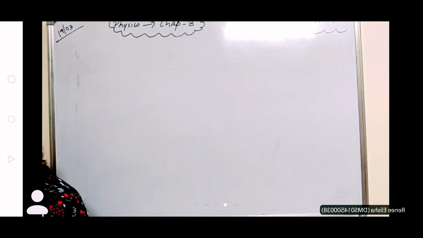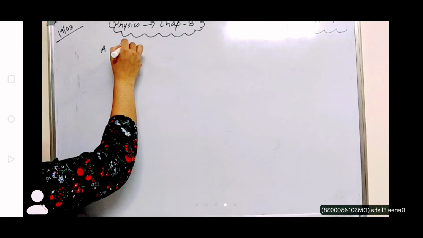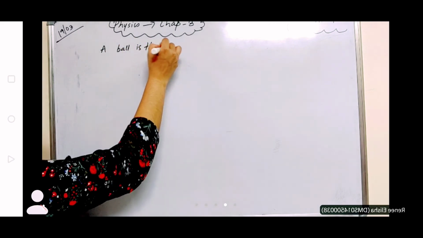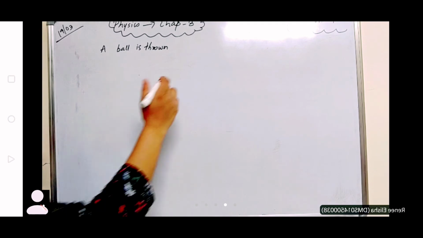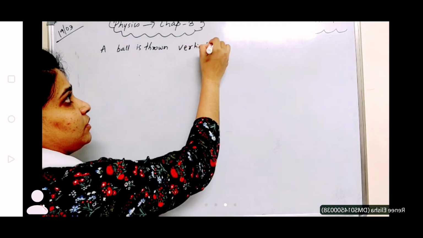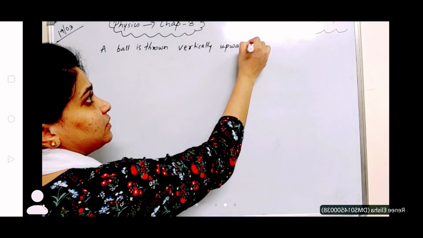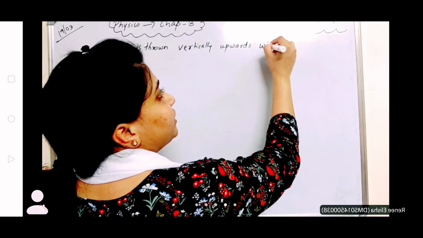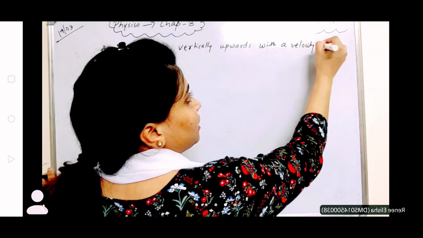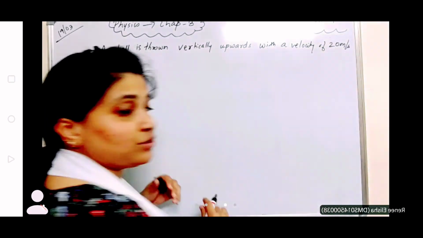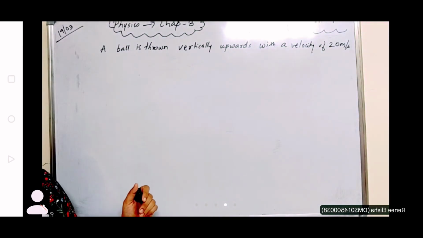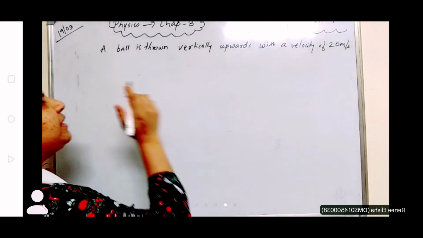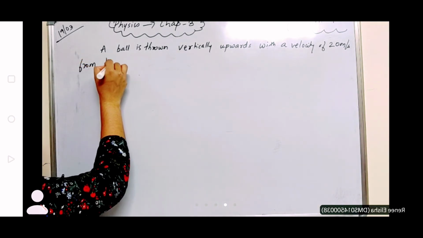All right. So we will take down one more problem. It says, example, this is also in your NCERT. A ball is thrown vertically upwards with a velocity of 20 meters per second. So this is the velocity. And they said from the top of a multi-story building.